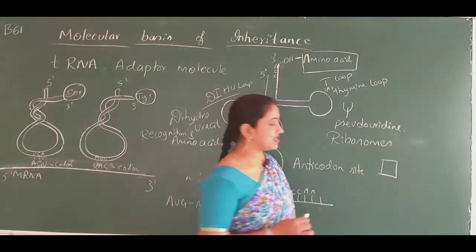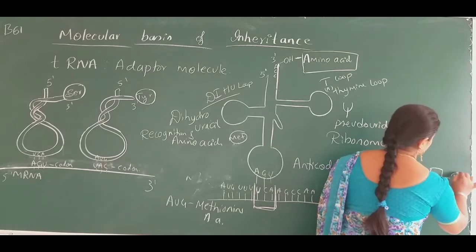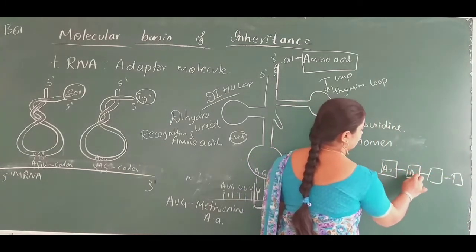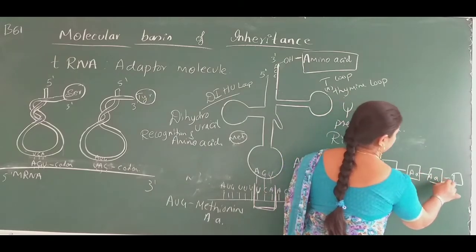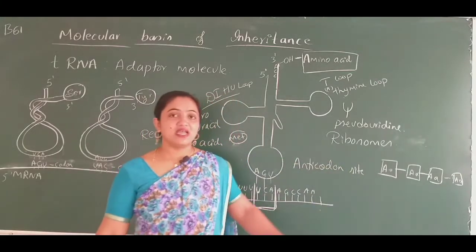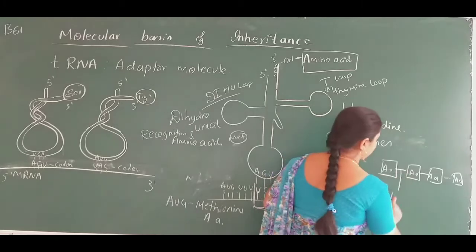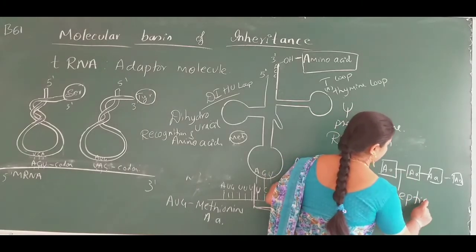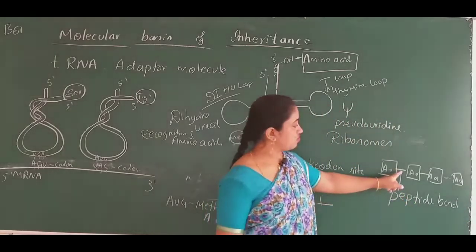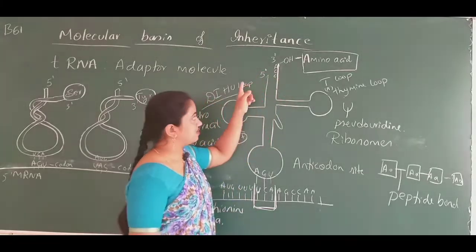protein chain here. Consider this is one amino acid, one more amino acid, one more, like this a number of amino acids, they get linked with the bond known as the peptide bond, right. So this peptide bond should form here.